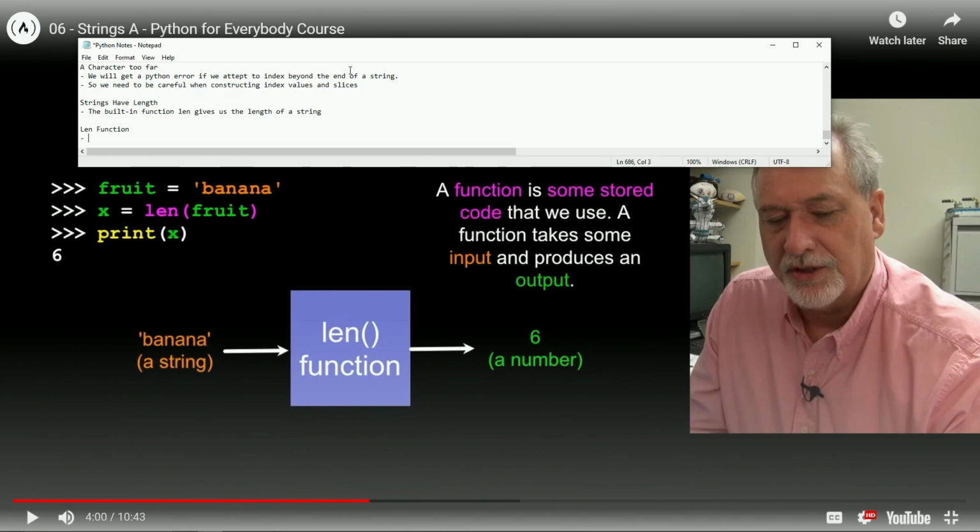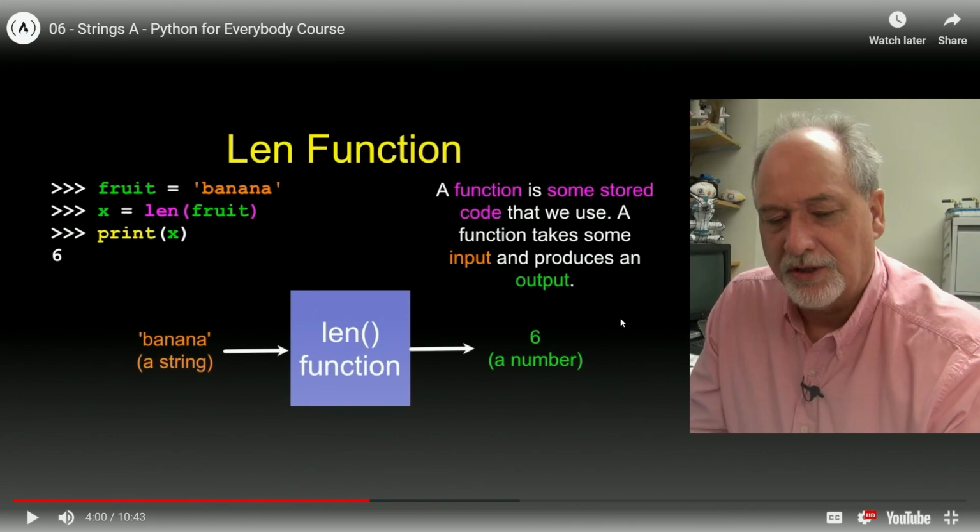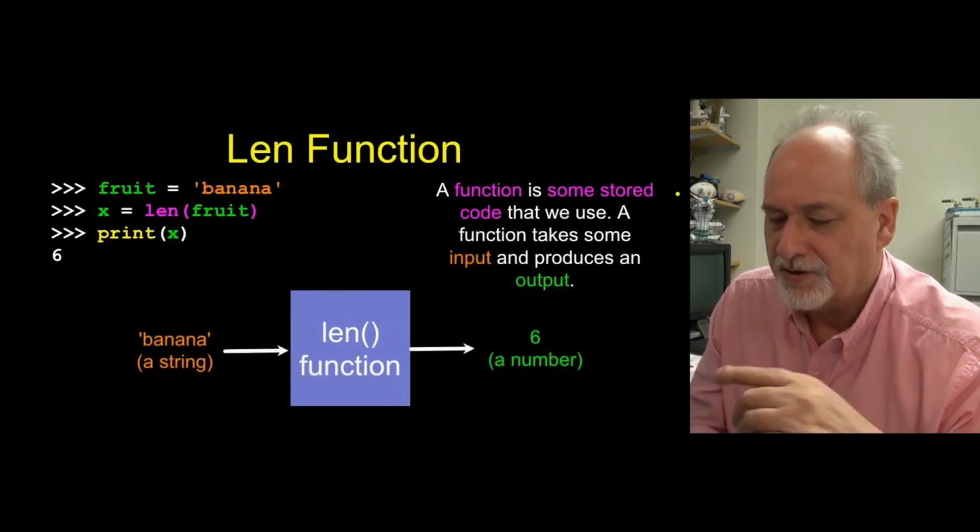All right, so let's see this. A function is some stored code. The len function is some stored code that we use. Have we done functions yet? A function takes some input and produces an output. We've been doing functions for a while.